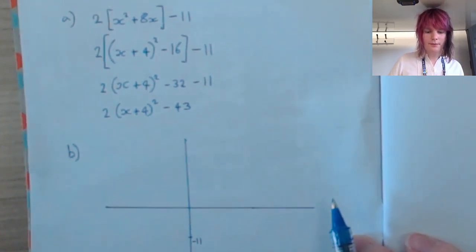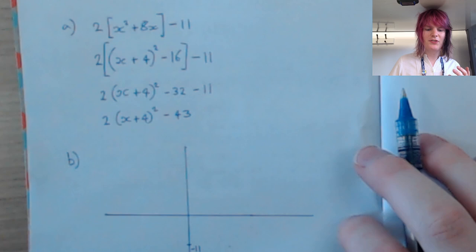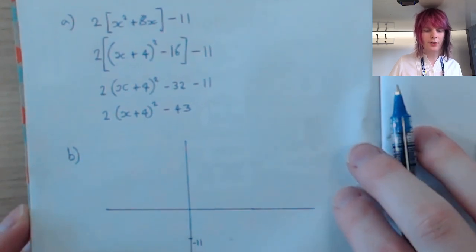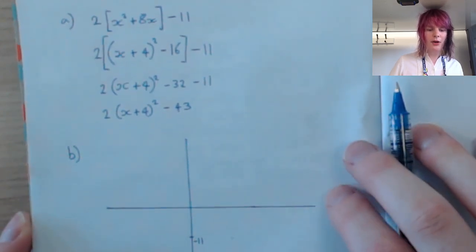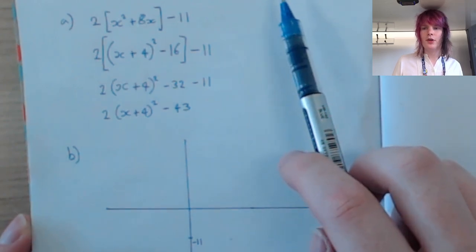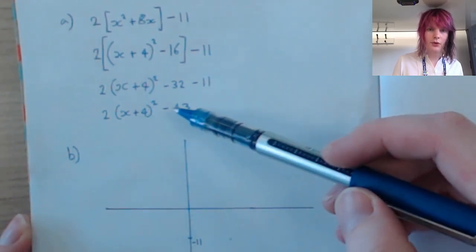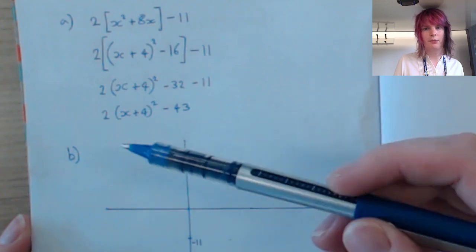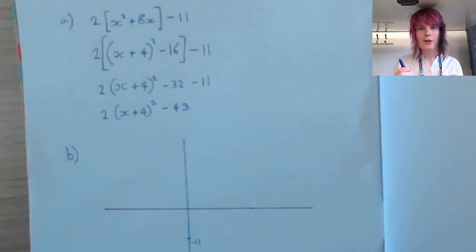Our next term, we need to think about potential roots that this might have. But we're going to look at the minimum point of this. And it looks like from this part here, now we can relate this to our transformations if we like.